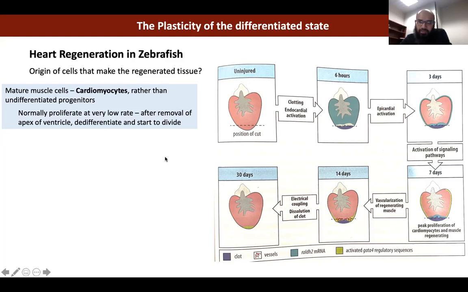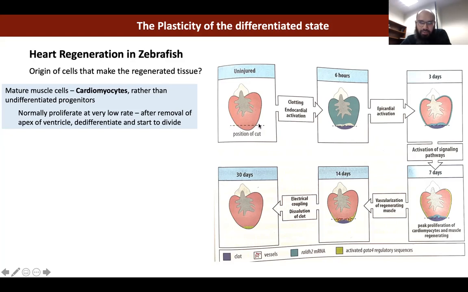So, for example, this is the heart in zebrafish. In humans we have two ventricles and zebrafish has only one ventricle. It's a little bit simpler, but the overall structure is the same. It has these chambers that are lined interiorly with an endothelial lining, and there is a pericardium, which also has two layers.